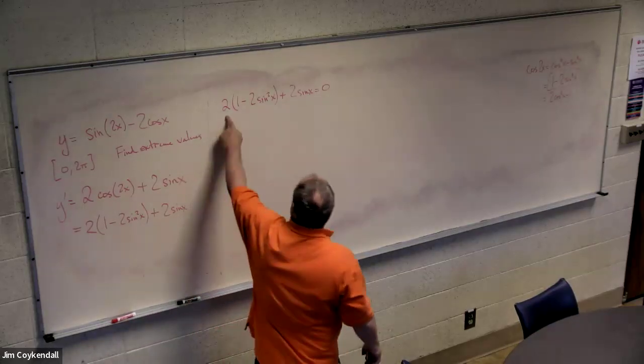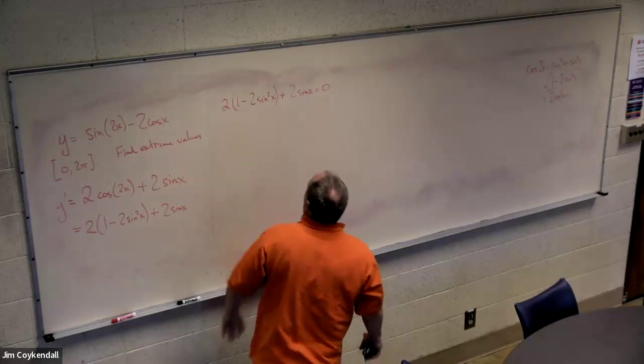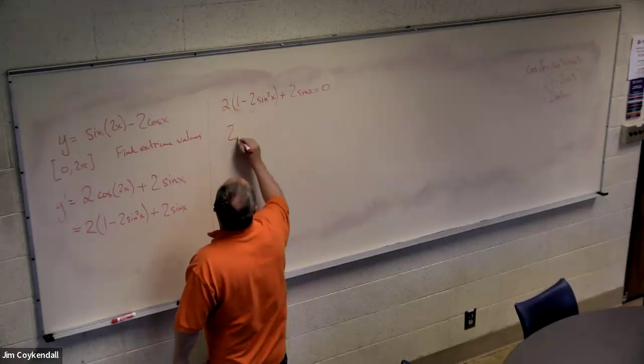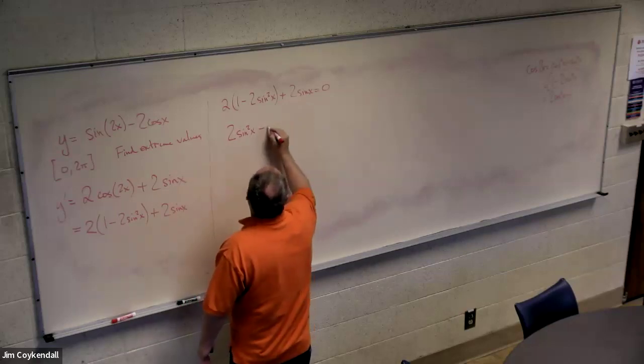I'm going to multiply this by minus a half. So it's 2 sine squared x minus sine x.